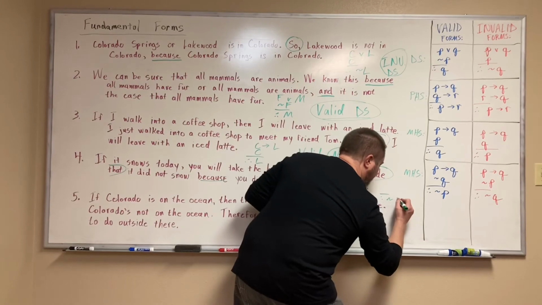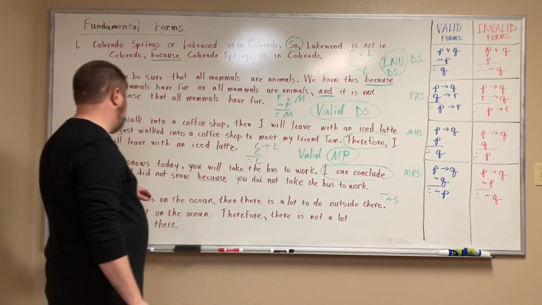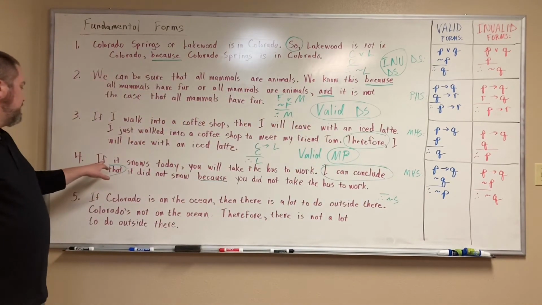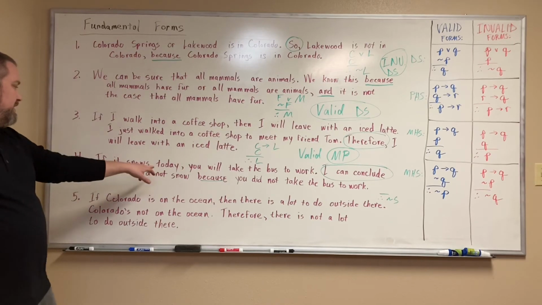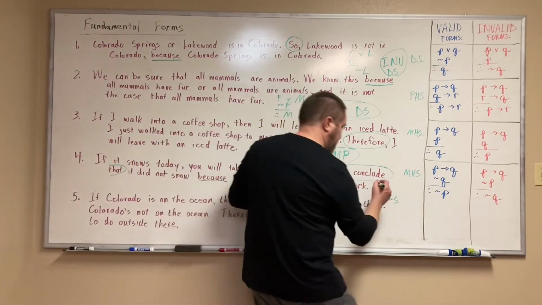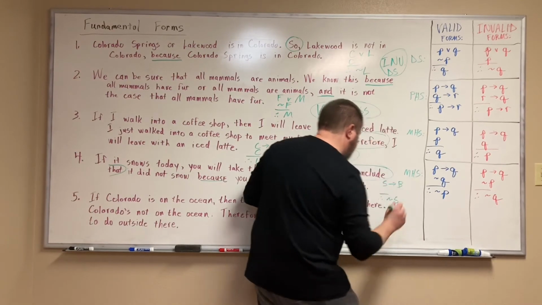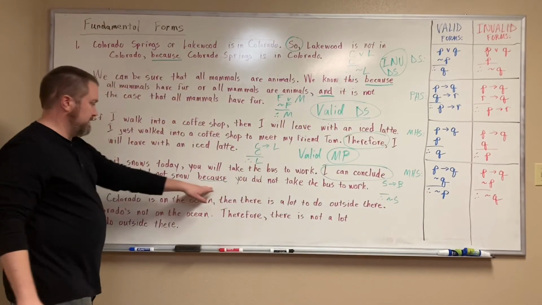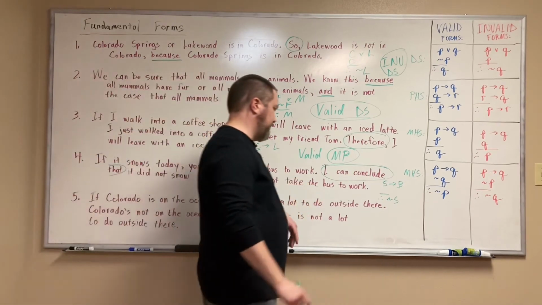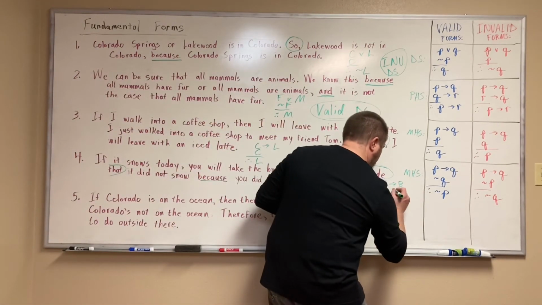So let's go not S. Our first premise, if it snows today, you will take the bus to work. So if S, then B. And second premise, you did not take the bus to work today. So not B.